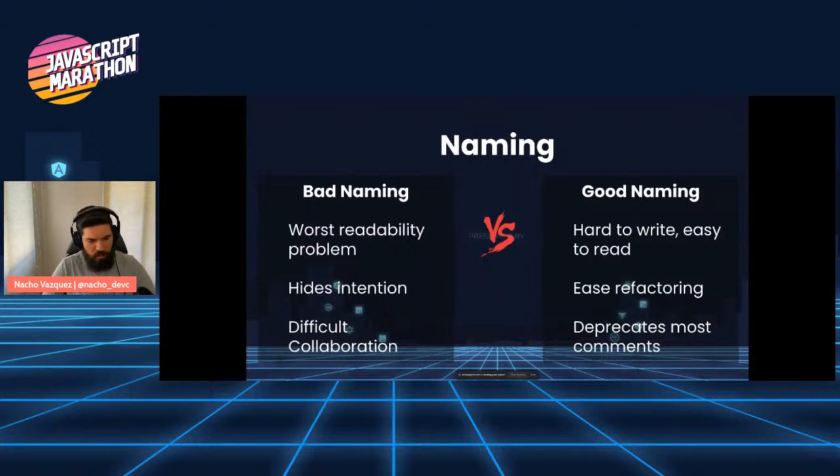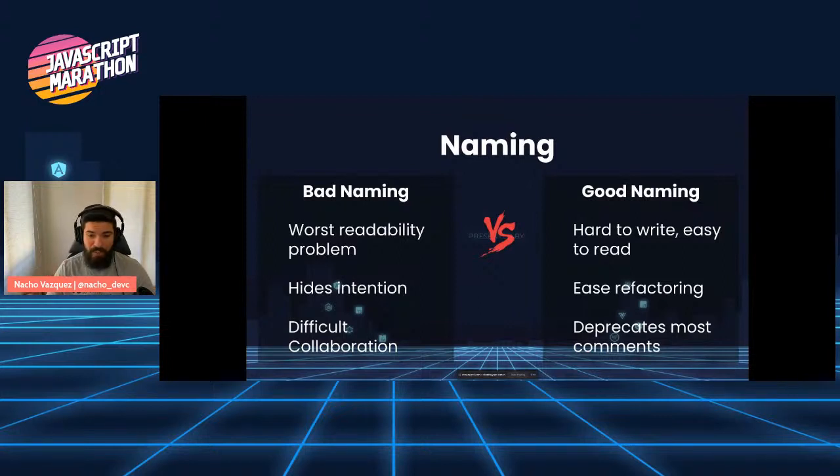When you don't call things by what they are trying to do or what they're doing, you are hiding the intention of that piece of code, that function, that component, that class, whatever you're doing. And that makes it really hard to track, to find, to search, to reason about.